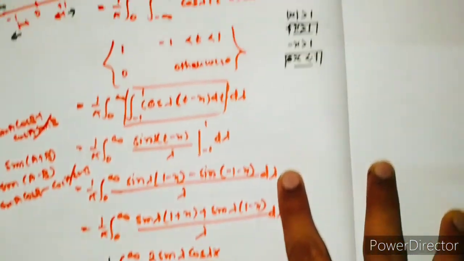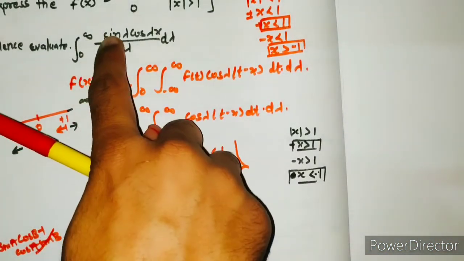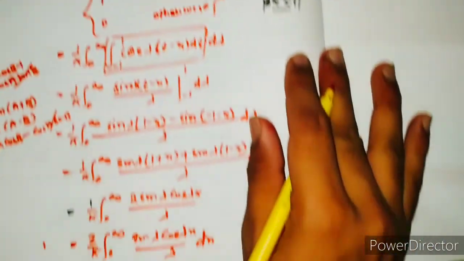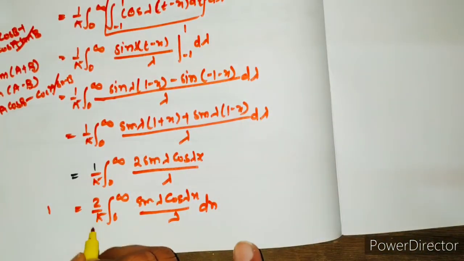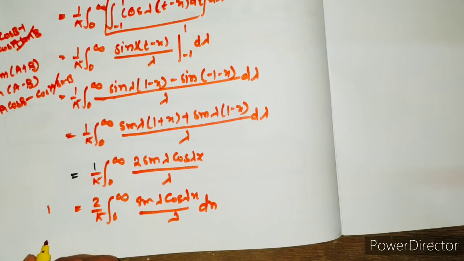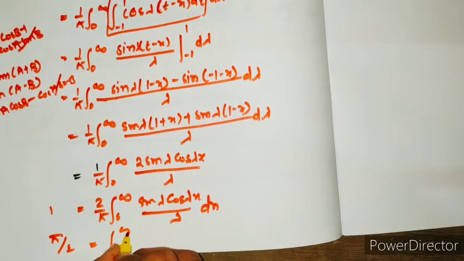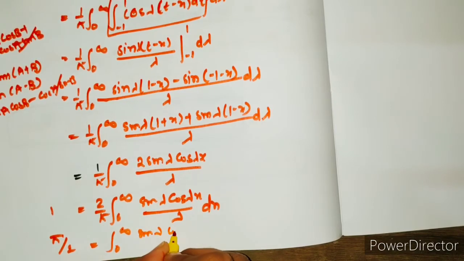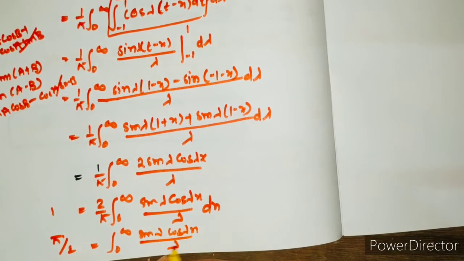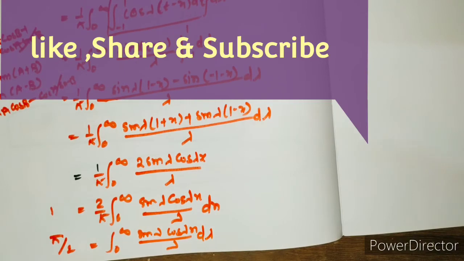So also evaluate this integral from 0 to infinity of sin lambda cos lambda x upon lambda. The final result, when you transform the constant term, is pi upon 2 equals the integral from 0 to infinity of sin lambda cos lambda x upon lambda d lambda.